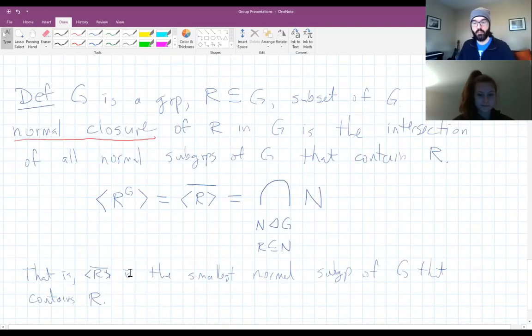So you take a group, you take a subset of your group, then you look at every normal subgroup it has, take the intersection of the ones that contain R. That's something called the normal closure.